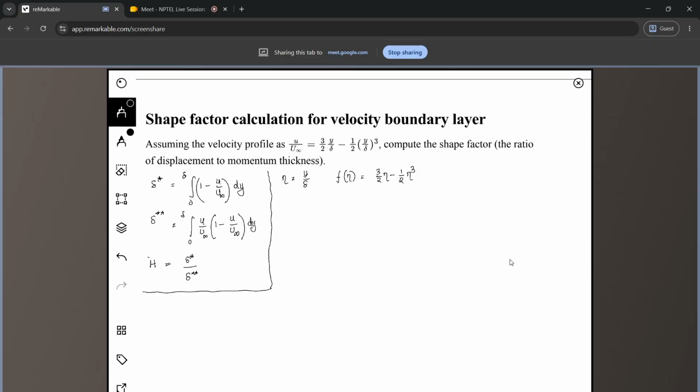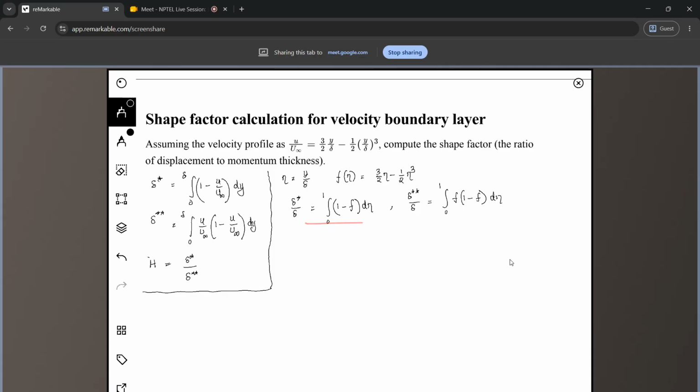And if you transform this integral, you'll essentially get delta star by delta as integral 0 to 1 of 1 minus f d eta, and delta double star by delta is integral 0 to 1 of f times 1 minus f d eta. And then H is basically the ratio of these two quantities.